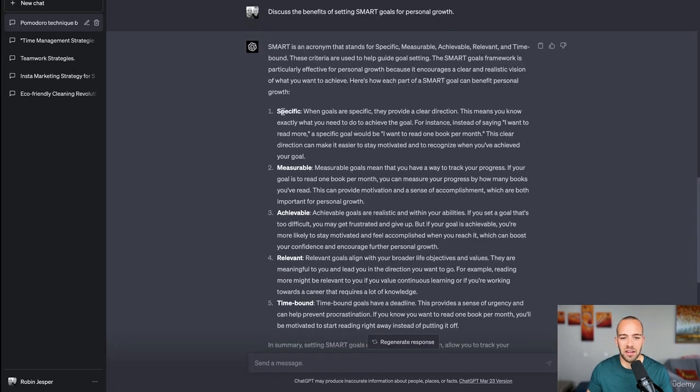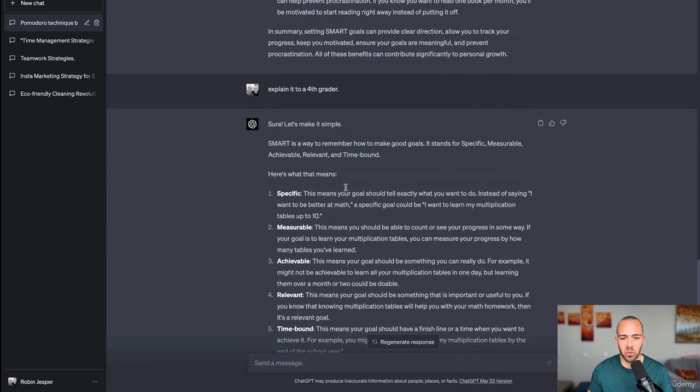So let's just read it out here. The first one, before we asked for a fourth grader, we had specific. When goals are specific, they provide a clear direction. This means you know exactly what you need to do to achieve the goal. For instance, instead of saying I want to read more, a specific goal would be I will read 1 book per month. This clear direction can make it easier to stay motivated and to recognize when you achieve your goal. This is pretty clear, I would say.